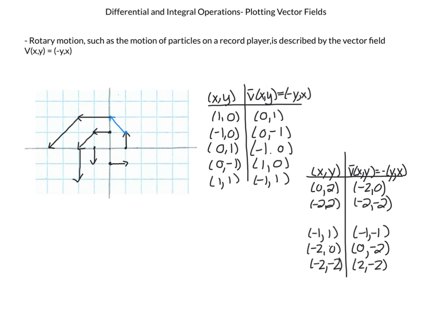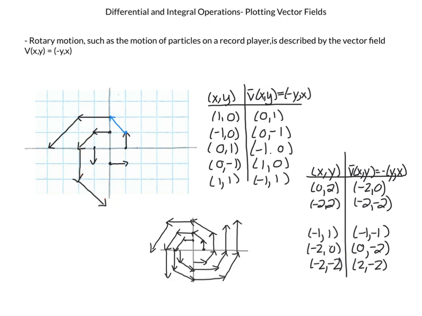So if I do this with my pen, if I'm over here at 2, -2, I have this 45-degree angle, it'll go this way. So you can see here you have the start of rotary motion, here you also have the start of rotary motion. And if you continue plotting these vectors, this is what you would get, something like this.